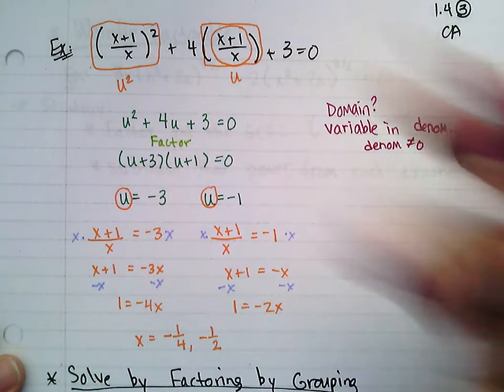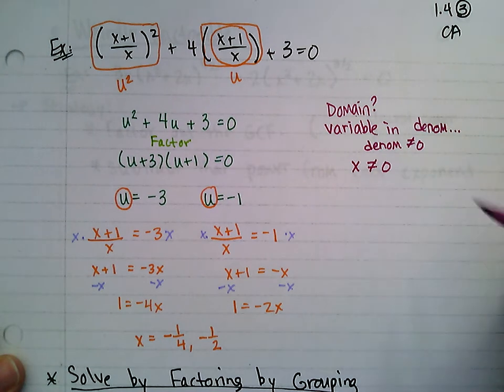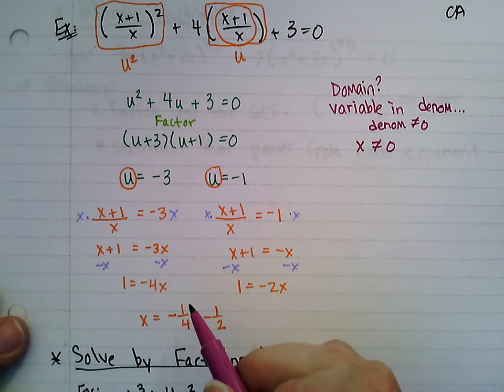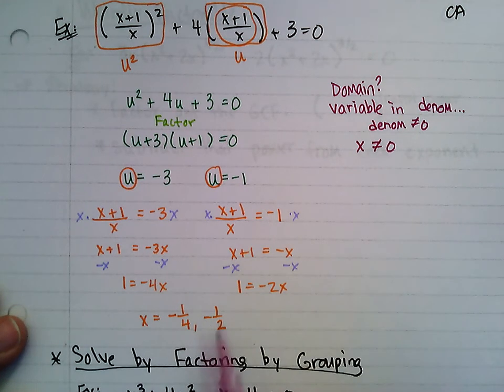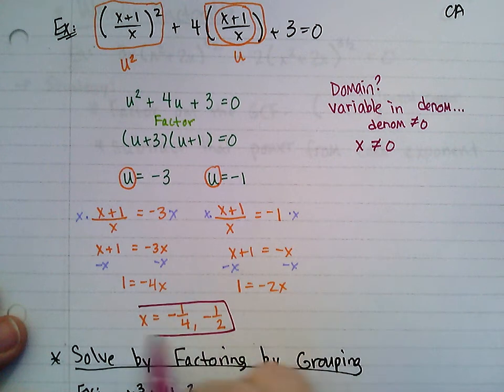So in both of these cases, the denominator is x. So I set that not equal to 0, and that's my domain restriction. So when I check my solution against my domain restriction, neither one was 0, so both of these are valid solutions.